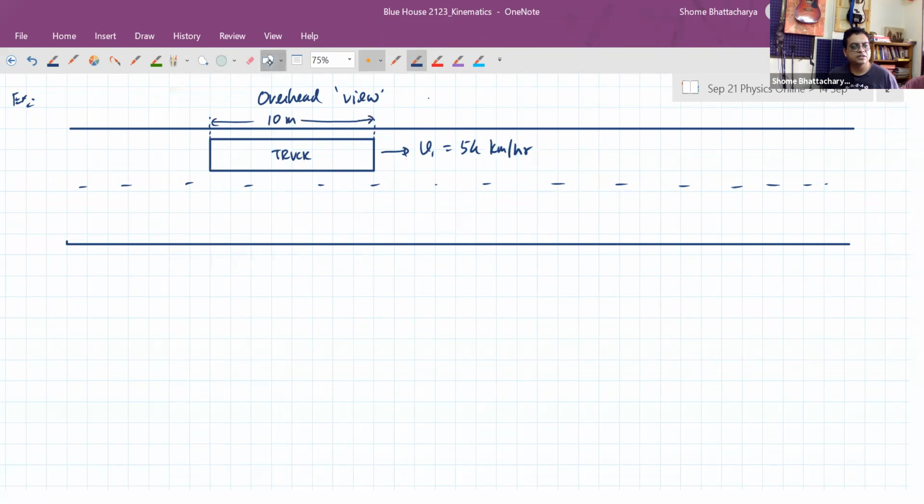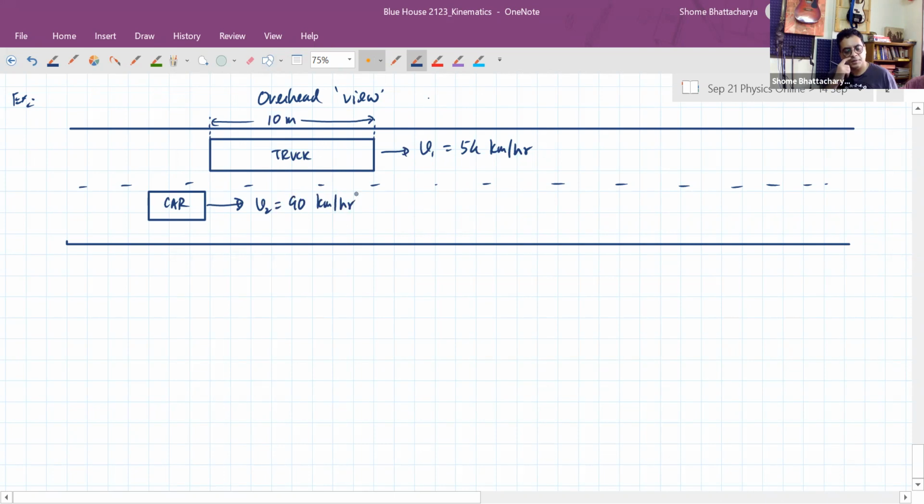Now at that given instant when we are observing this, there is a car which just about starts to overtake the truck. So the car is going at a uniform velocity of 90 kilometers per hour, let's say.